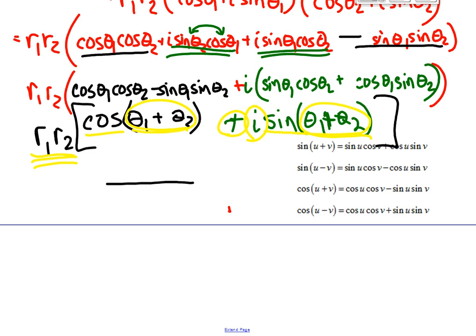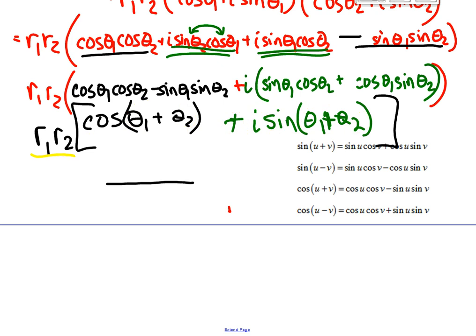If you remember, I called r the modulus. So when you multiply these, you're going to multiply the modulus, and theta is the argument, and then you're going to add the argument. So multiply the modulus and add the argument is kind of the way we can say that.